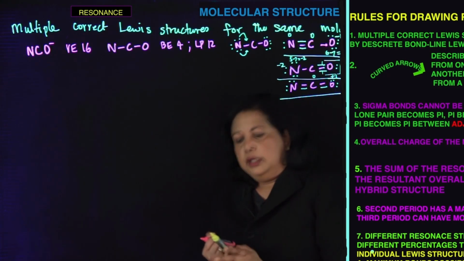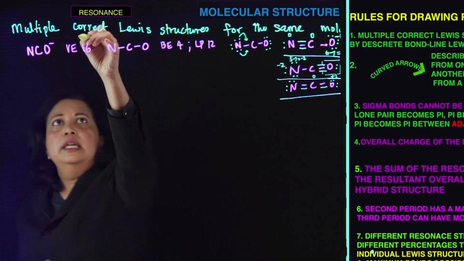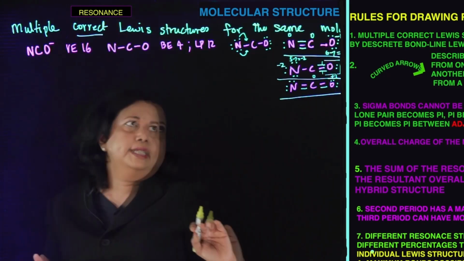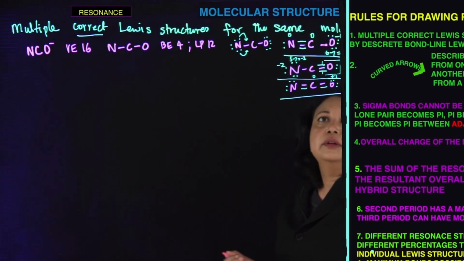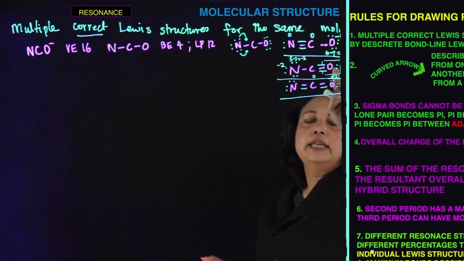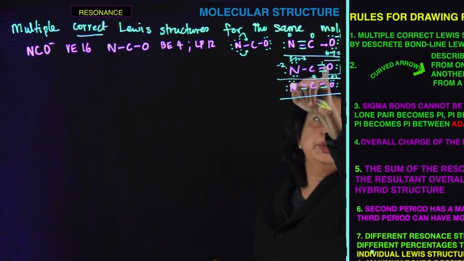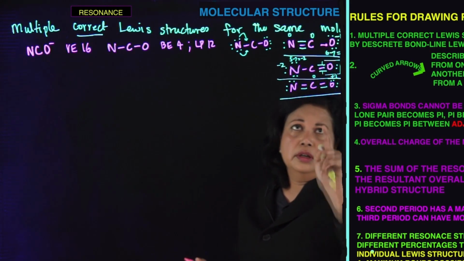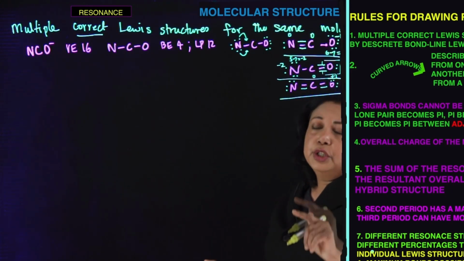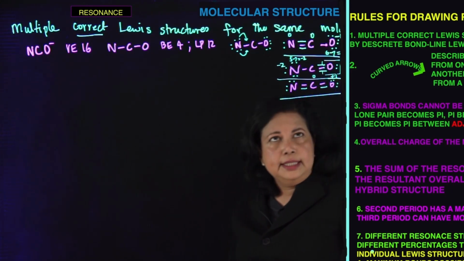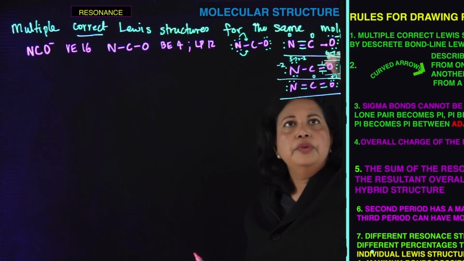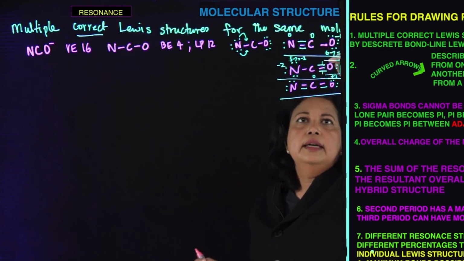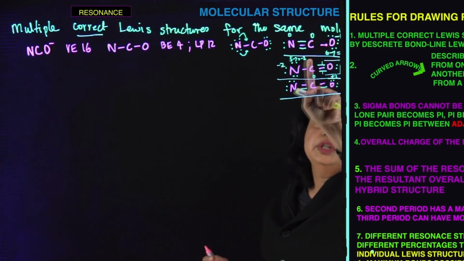What do we mean by a correct Lewis structure? That means they all have octets. This is 2, 4, 6, 8. Now remember, for formal charge, you only count one of the electrons of the bonds. But when you're doing octets, you count both electrons as belonging to both atoms.